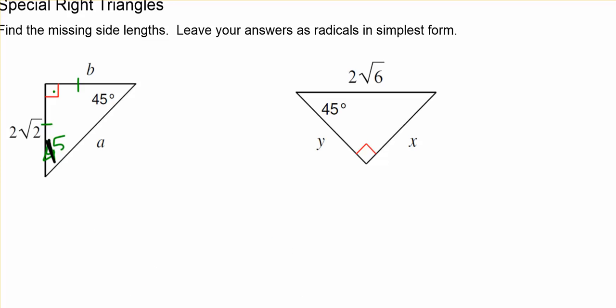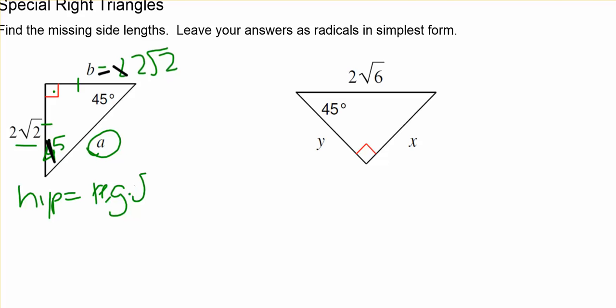So if this is an isosceles triangle, then that means B is congruent to the given leg. So B equals 2 times the square root of 2. Now, if we know the hypotenuse A, and remember that rule, the hypotenuse equals the leg times the square root of 2, all we have to do is sub it in.